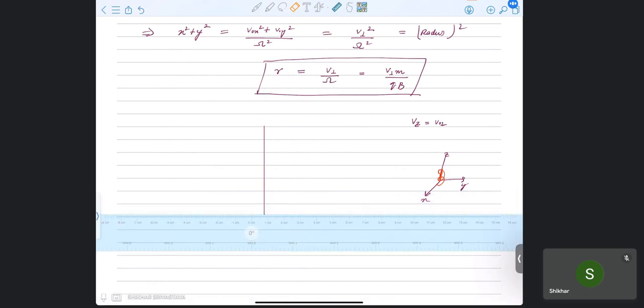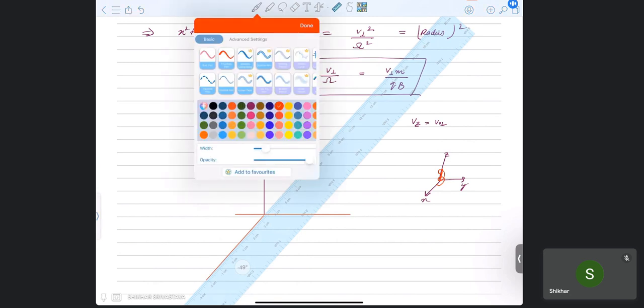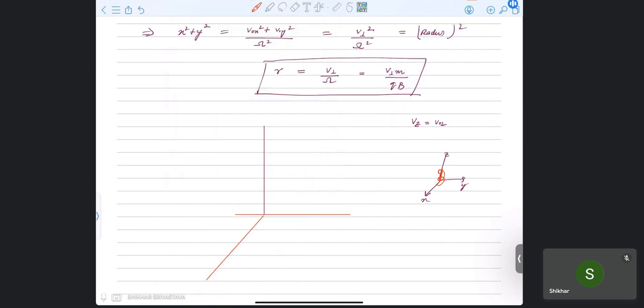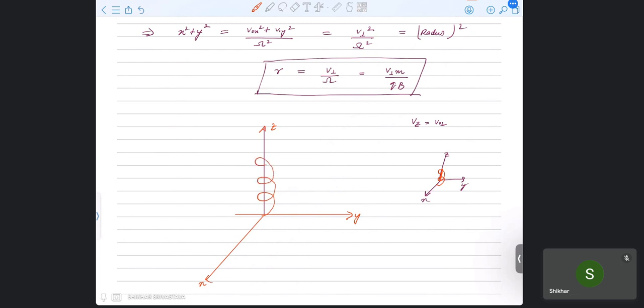So if you just draw it, motion x, y, z. In the xy plane it is moving in a circle, in the z direction moving with constant speed. So your particle will be doing this kind of motion.